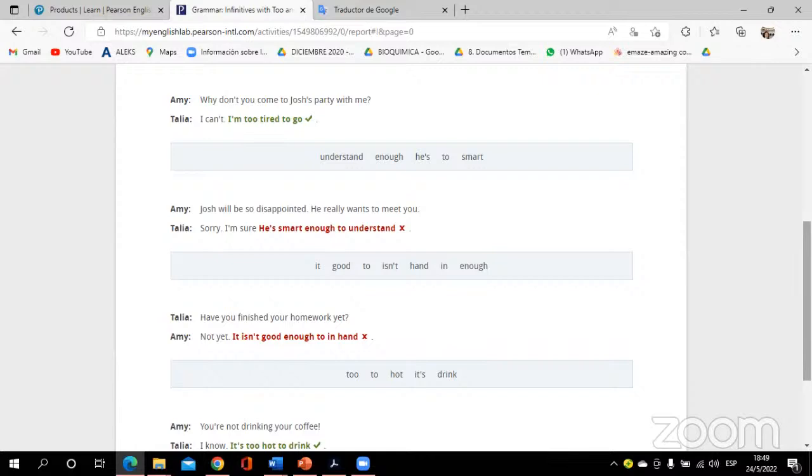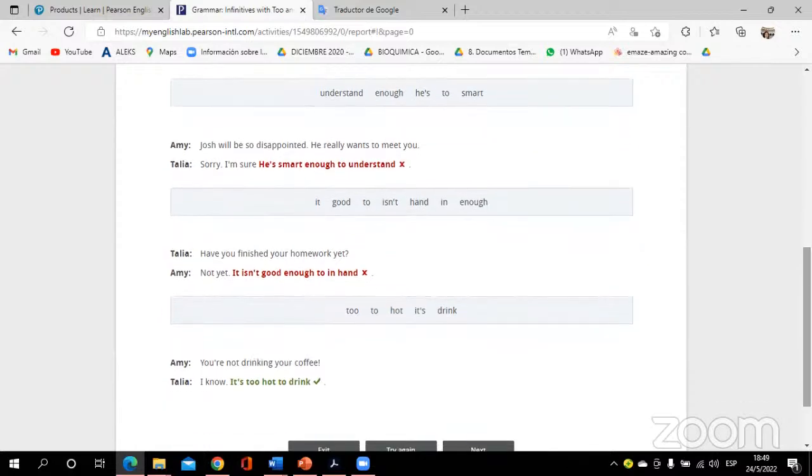Okay, yeah, that's great. And the other, it isn't good enough. Okay, in this case, always we're going to use the infinitive. To is the word for infinitive, and the verb is hand in.